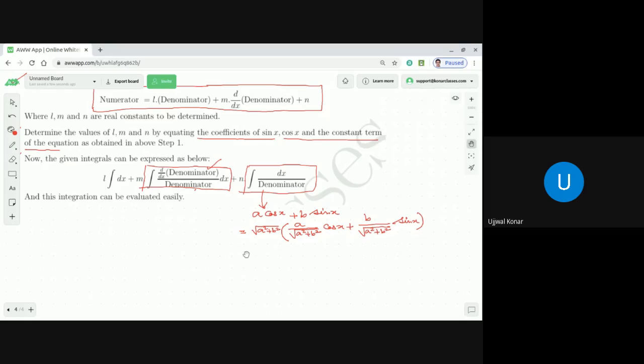So that will be square root of a square plus b square into sin theta into cos x plus cos theta into sin x. Correct or not? Right. Where sin theta is equal to a by square root of a square plus b square. Correct or not, dear students?